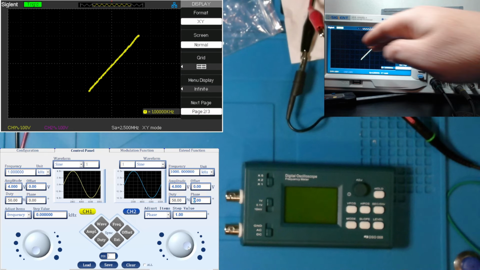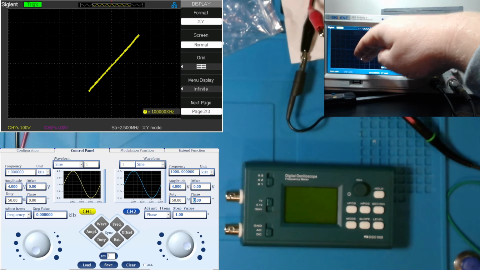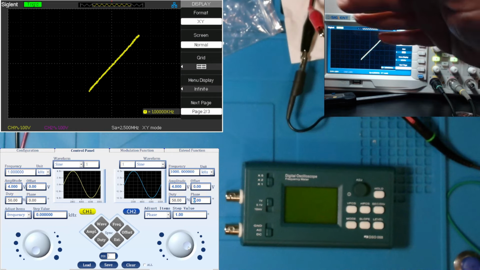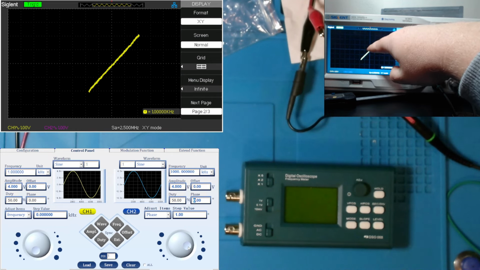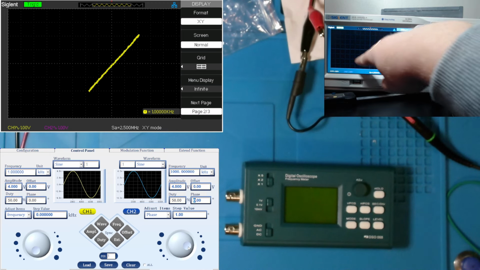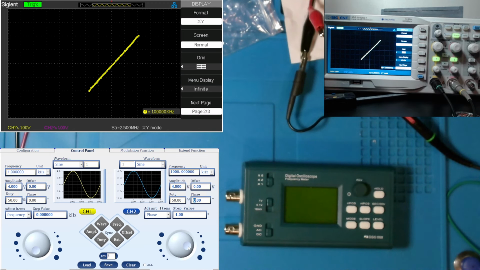Now, instead of thinking that our signal is going over time, left to right or right to left, I want you to think that our signal is now a dot spinning out from center. That's how we're going to view this. Now, since they are both of equal amplitude and in phase, let's start taking channel 2 out of phase. And we're going to take it up to 45 degrees out of phase.